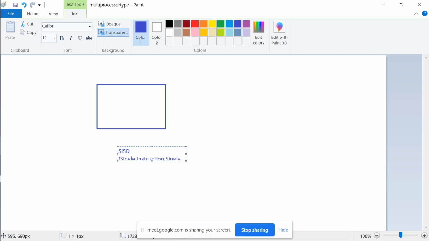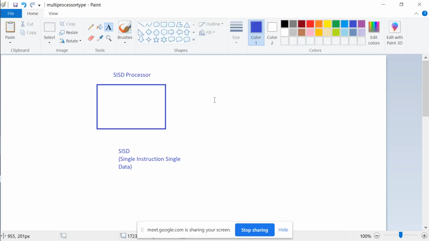So single instruction, single data. If you have a SISD processor inside your computer, it means at a time one instruction can come inside and one data can come inside.